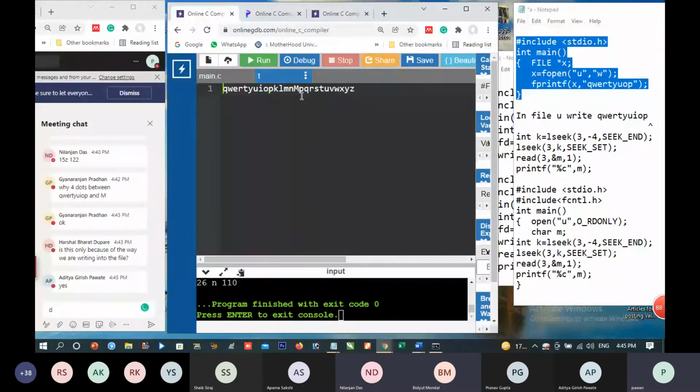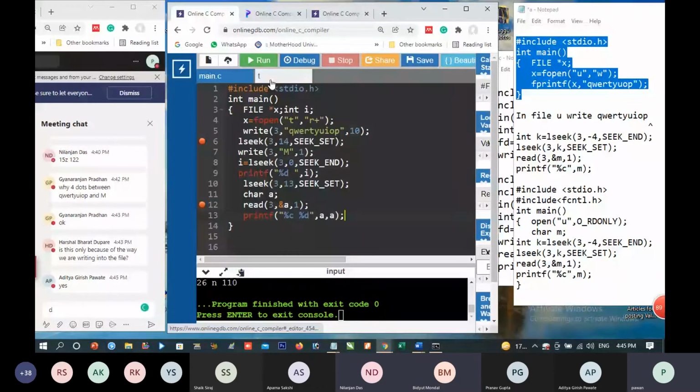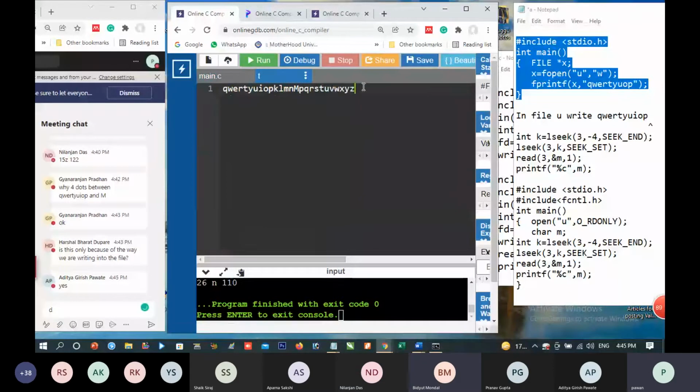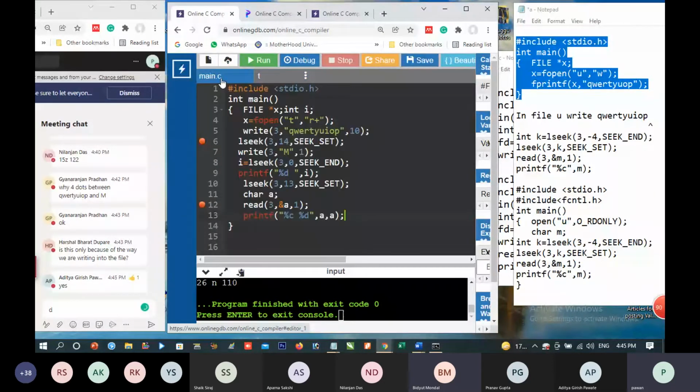Okay. In my case, the initial input file was not there. Let us see what happens when the initial input doesn't exist or is very small. Suppose the initial input is only ABCD. Then what happens? Let us execute it.